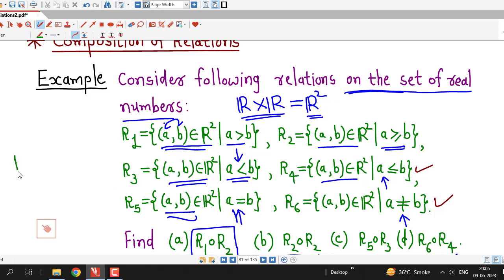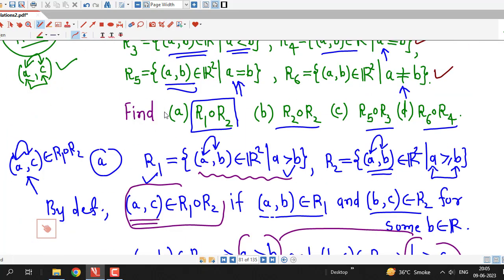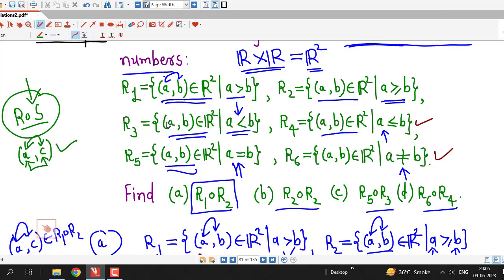Whenever you have an infinite number of elements in the given relations, you have to find a condition on the elements of the ordered pair such that if the elements of the ordered pair satisfy that condition, then the ordered pair (a, c) is in your relation. So in this way we can decide the composition of binary relations.